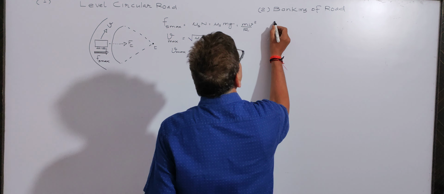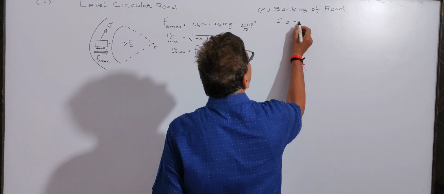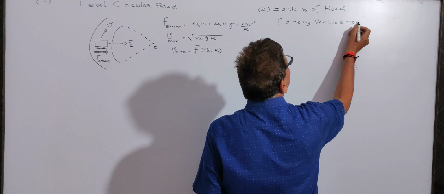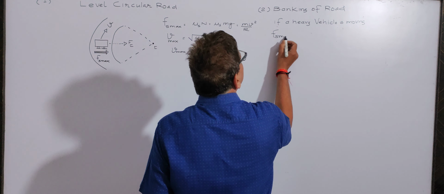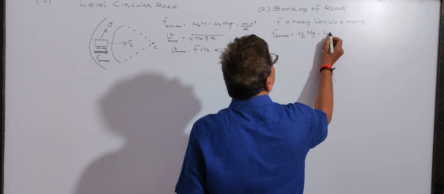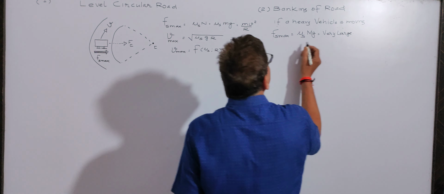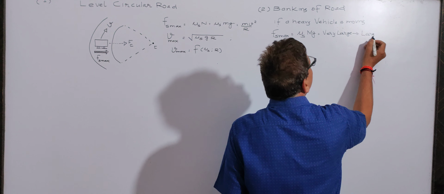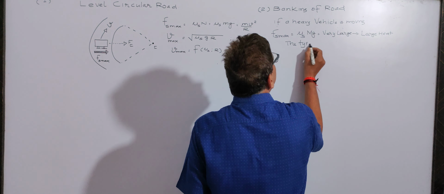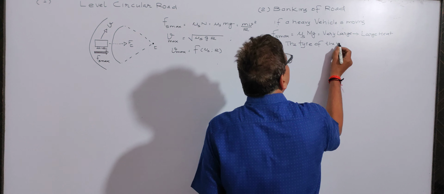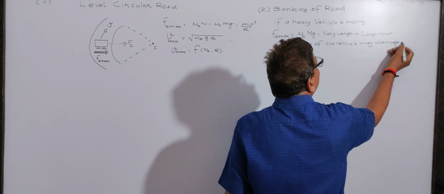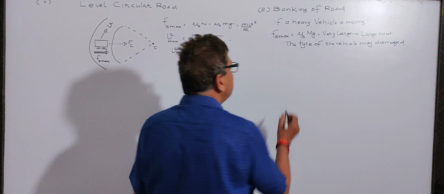If a heavy vehicle is moving, then the maximum friction force Fs max, which is mu(s) times normal reaction or mg, is very large, and due to very large friction a large amount of heat will develop, and the tire of the vehicle may be damaged. That is why in that situation we bank the road.